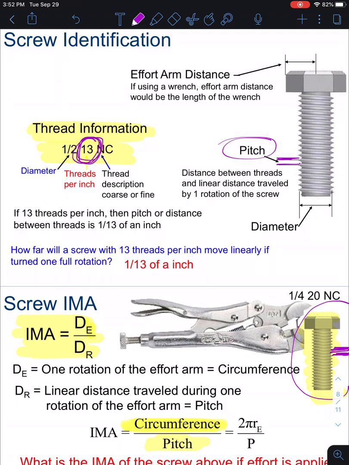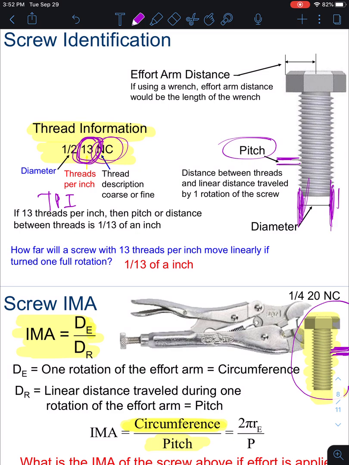Every screw has its own thread information. It talks about the diameter of the screw, and it talks about the threads per inch, sometimes just labeled as TPI. TPI stands for threads per inch. And then this third part is just information about the coarseness or fineness of the threads.